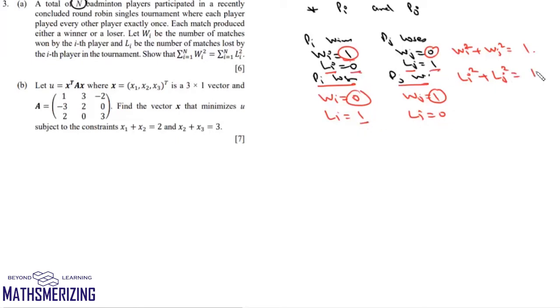So no matter who wins, this sum, Wi square plus Wj square, is equal to Li square plus Lj square. Now if we consider all the matches between all the players, then we can simply say that summation Wi square must be equal to summation Li square.